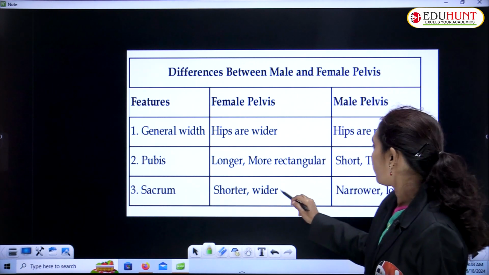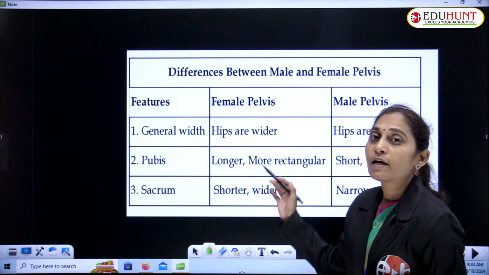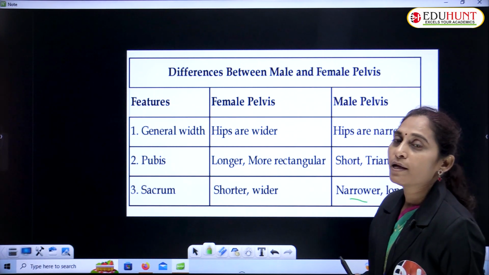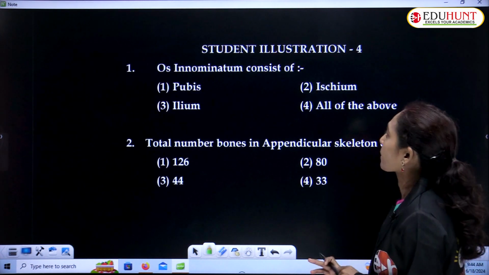The sacrum is shorter and wider in females, and narrower and longer in males.